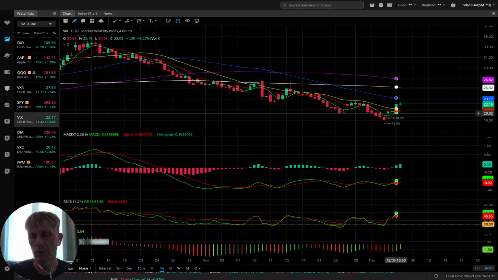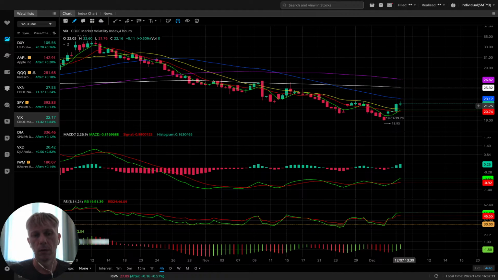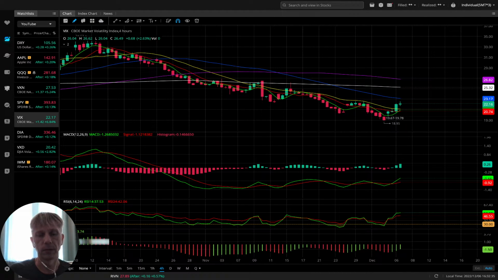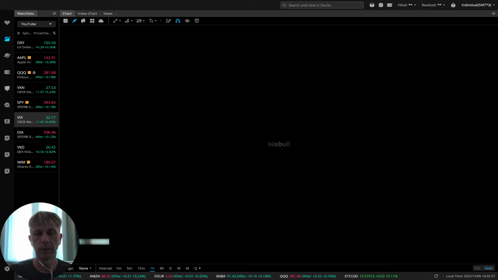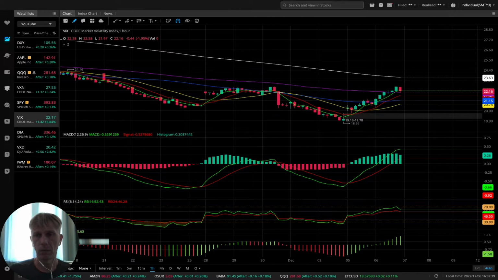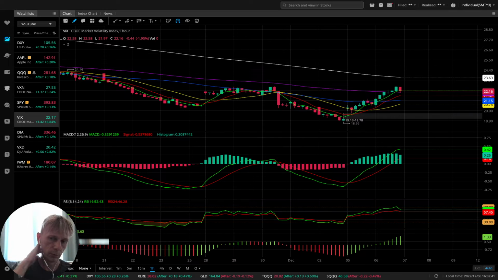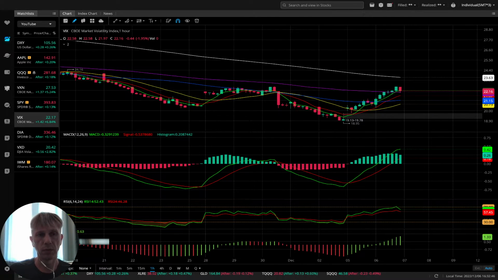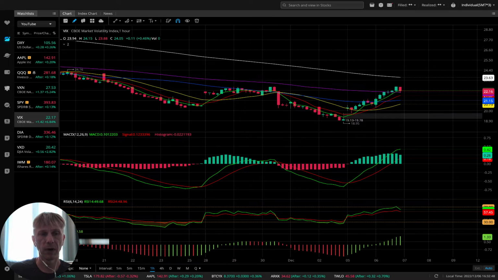MA5 did bullish crossover, bullish trend on 4 hours also. In 1 hour, bullish case also, bullish trend. VIX bullish trend on all time frames. It's a bullish time frame for VIX, bearish for SPY.